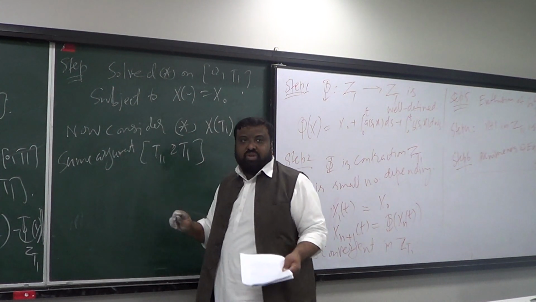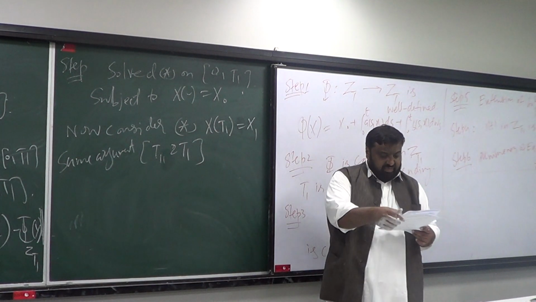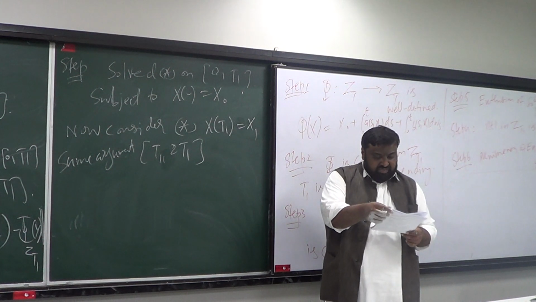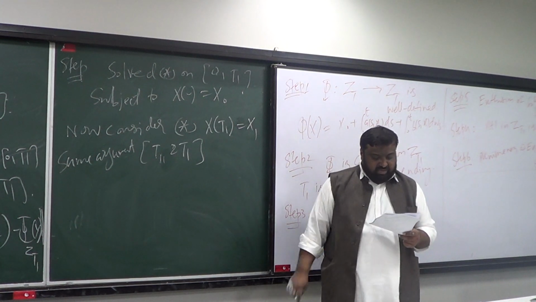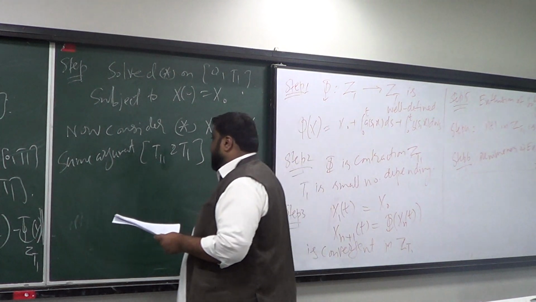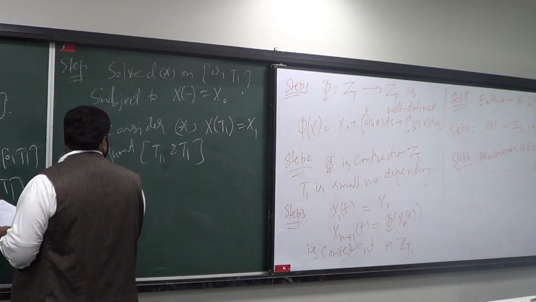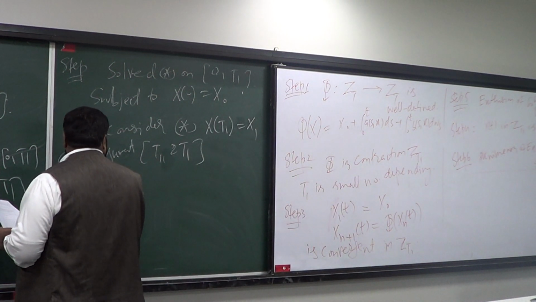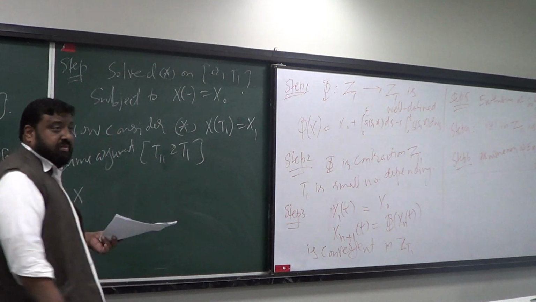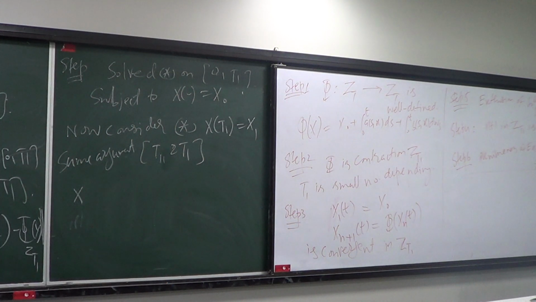And I can keep on doing it actually. समझ आ रही है बात? I can keep on doing it, and then I can have a solution next, okay, that is really going to be okay. So what should I call this solution?